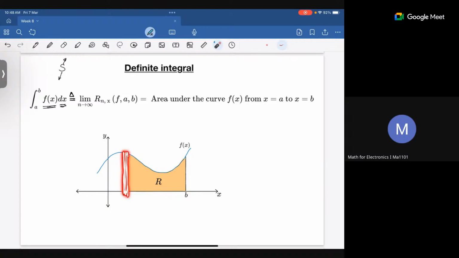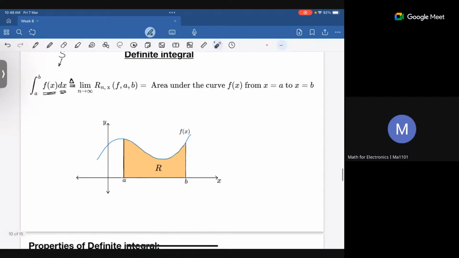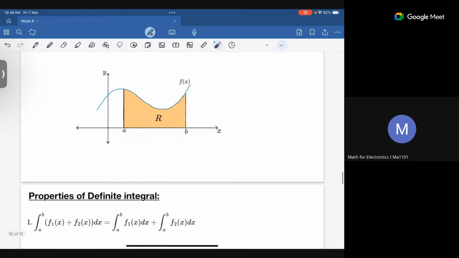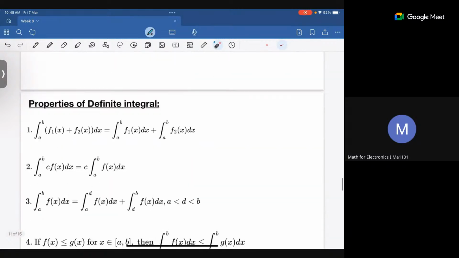Infinitely many straight lines, because a straight line has 0 area, and here R has some finite area, right? So you have to add infinite values like this to get the exact area. So that is what the integral a to b f of x dx does. And it is defined to be the limiting value of the Riemann sums. Okay, so I hope that is clear.